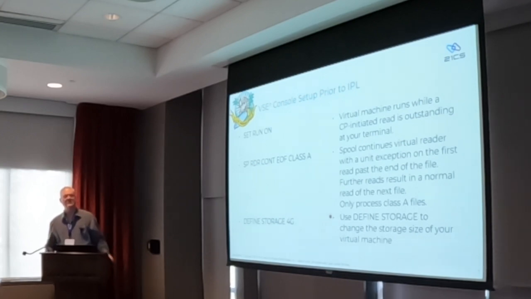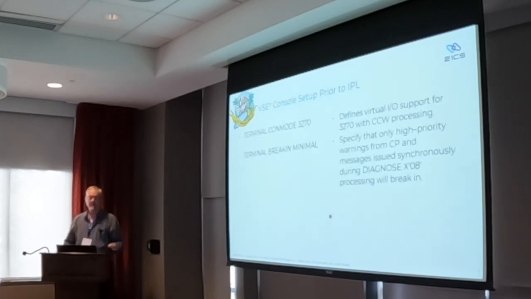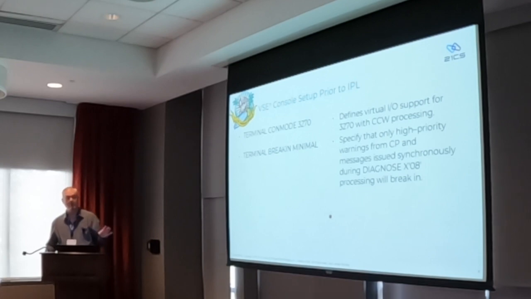First of all, do set run on, which means if it ever goes into CP mode, your console or VSE is still running in the background. You set up a spool of your reader only for the Class A files. You determine how large of a storage you can use. I say 4 gig. That was working good for us. And very important is to set up your console mode to 3270.